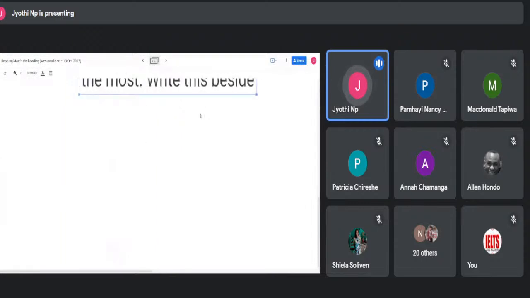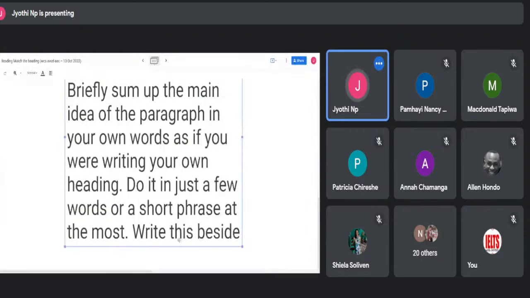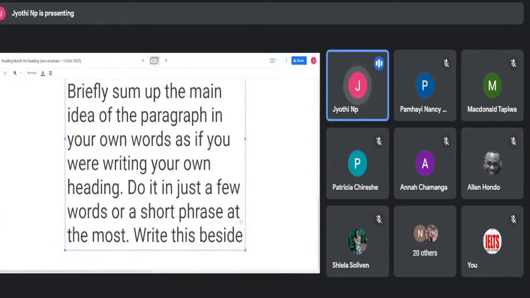The main idea of the paragraph in your own words, then you have to write your own title, and you need to write this beside the paragraph. So when you do that, you are matching this with the headings. Okay, so let's go to the next.